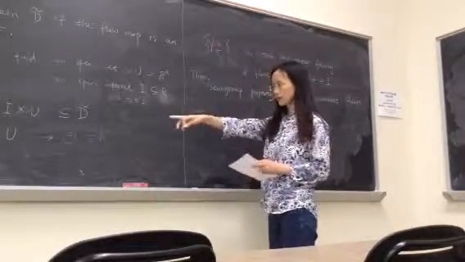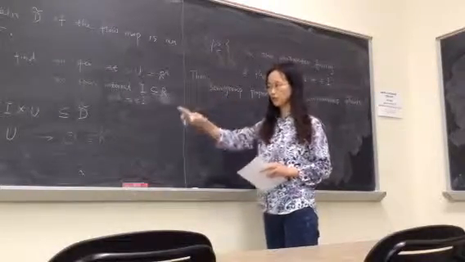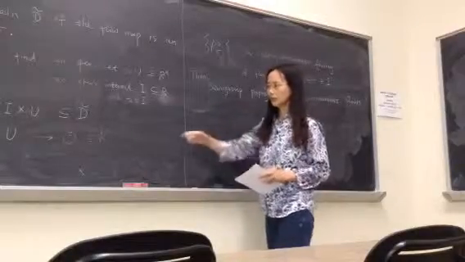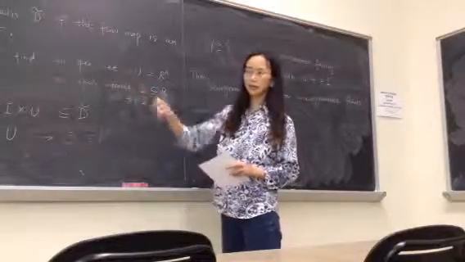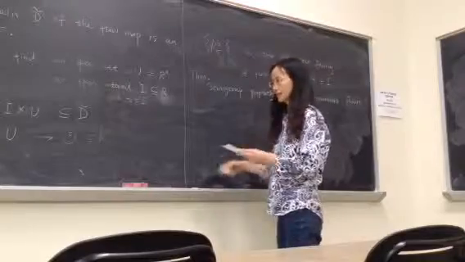Our assumption is the same as before. This phi is just the flow generated by the vector field capital X. So that's the flow.